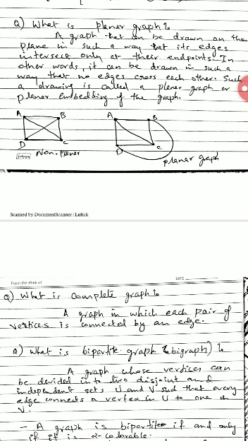The next term is bipartite graph. What is a bipartite graph or bigraph?